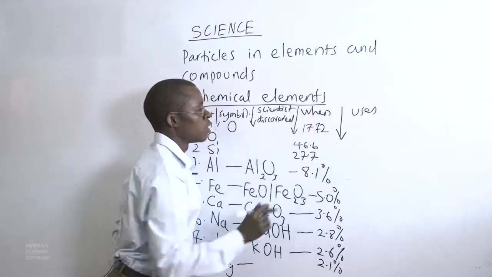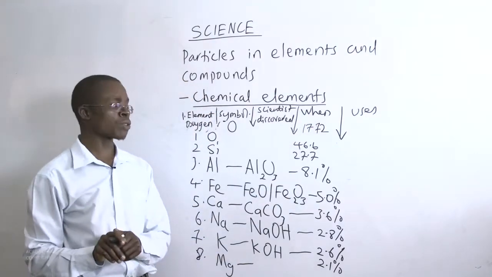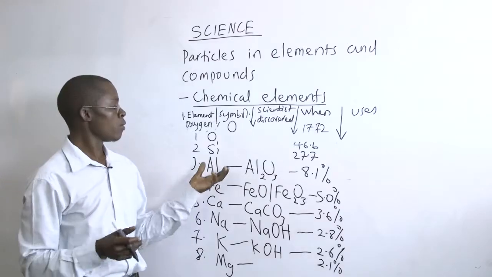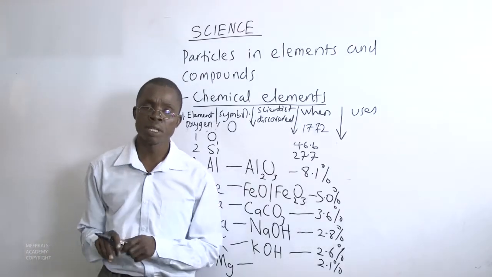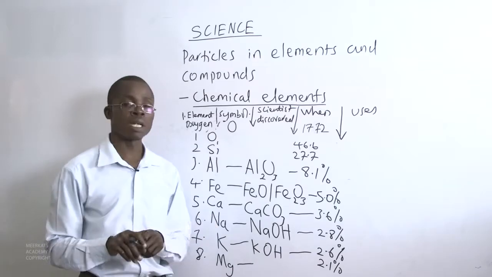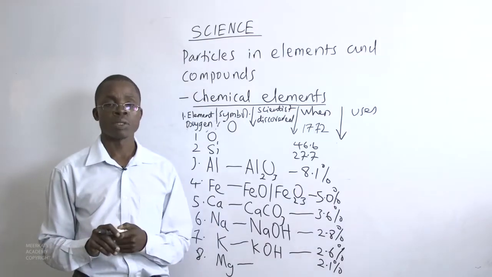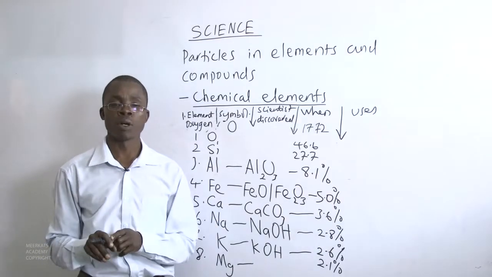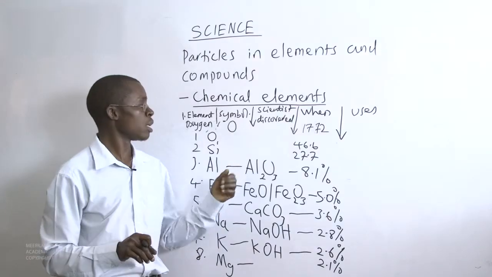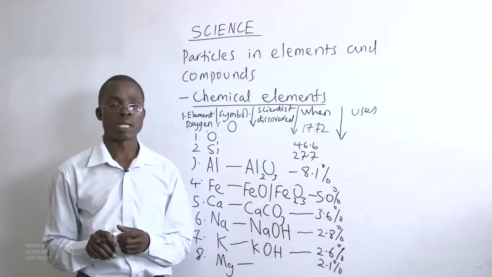Looking at uses of oxygen, one will obviously complement that of hydrogen, where you are using it as fuel. So it is used in burning fuel, that is, burning hydrogen, a gas.